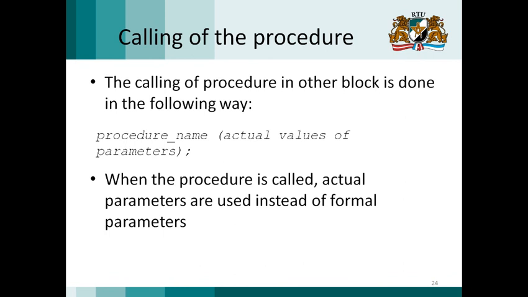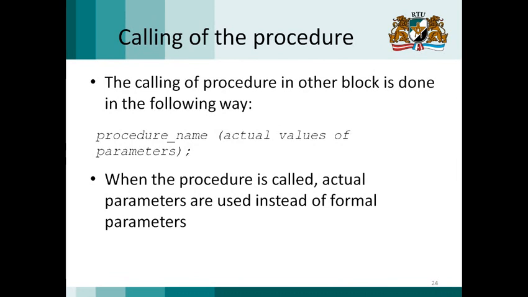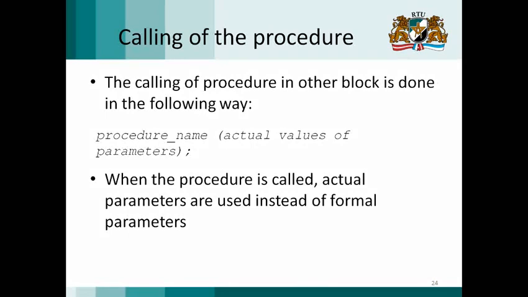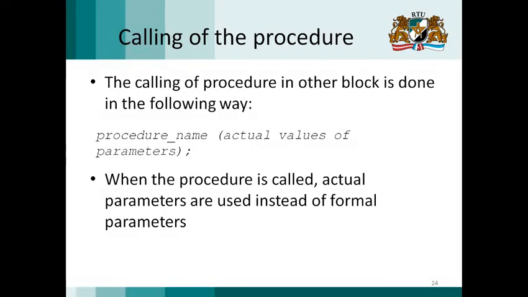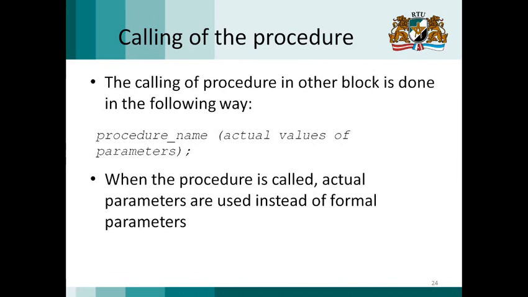So to use it, we must call the procedure in another block. It will not usually be done in this procedure block, and it is done in the following way. We would write in some other block this procedure's name, and there will be actual values of parameters.